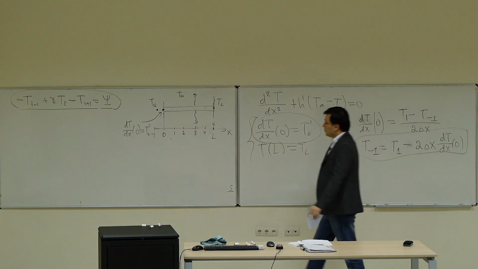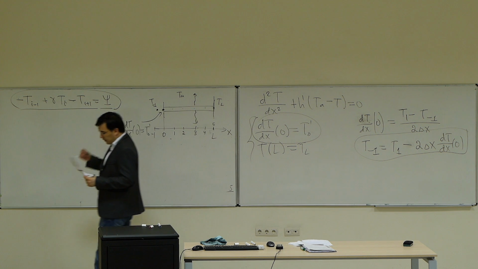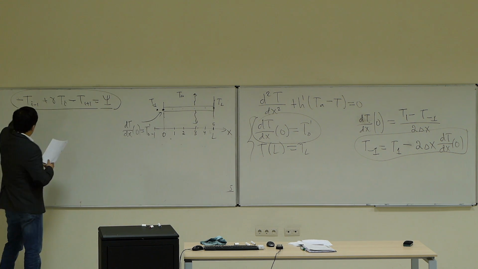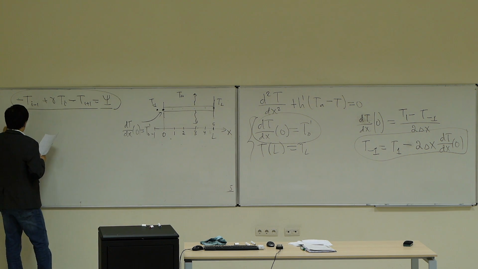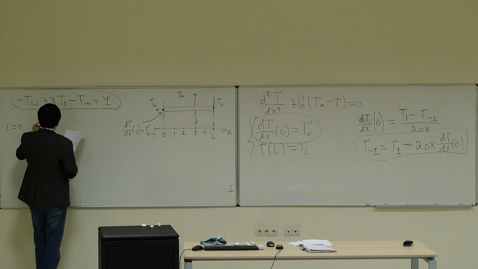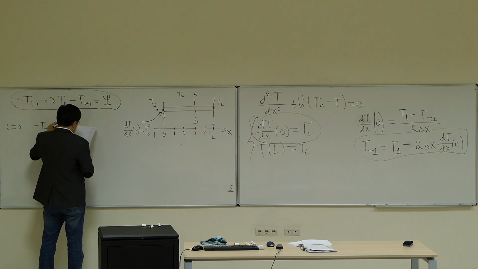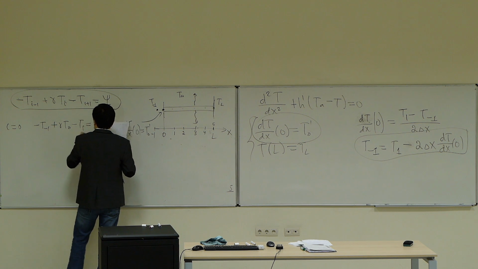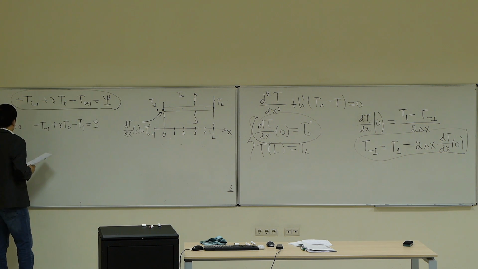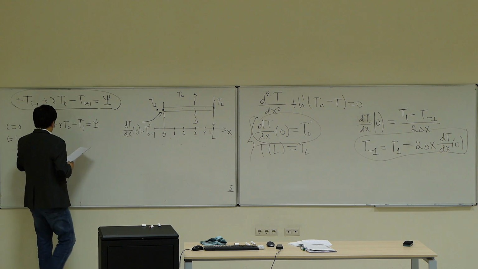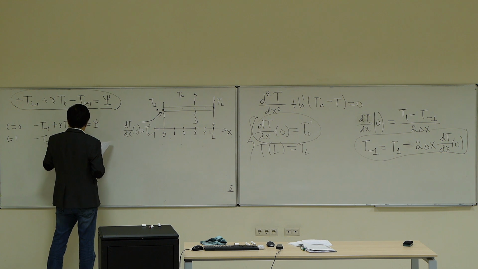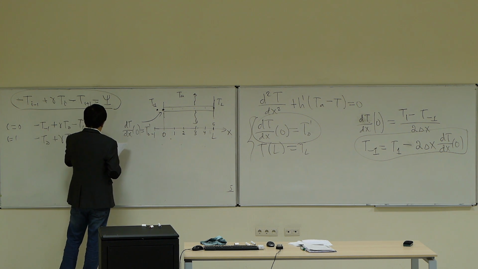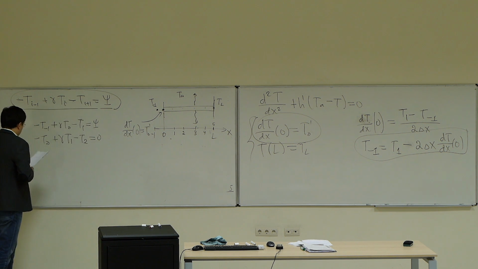All right? Now I'm going to use that information to create my system of linear algebraic equations. Now I write this at point i equal to 0. What I get is minus t minus 1 plus gamma t0 minus t1 is equal to psi. Okay, now I apply it to i equal to 1: minus t0 plus gamma t1 minus t2 is equal to psi, and so on.